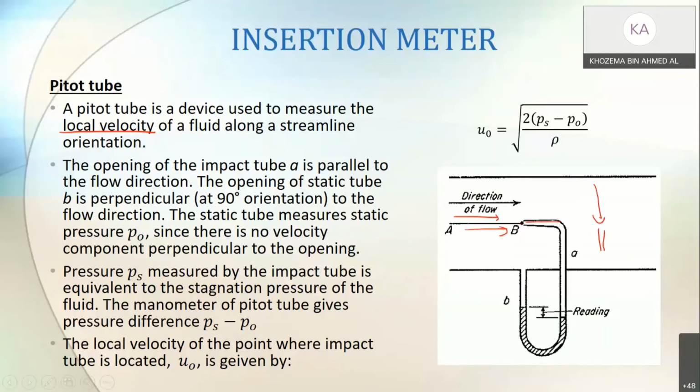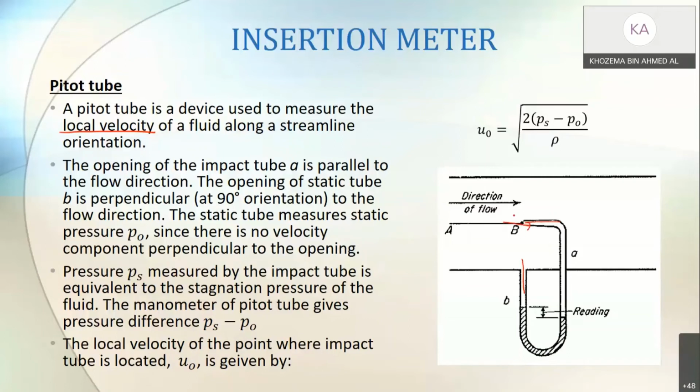Then the opening of the circular tube B is perpendicular, at 90 degrees. So the opening of A is parallel, the opening of B is perpendicular. You will have one flow going in here, one flow going in here.